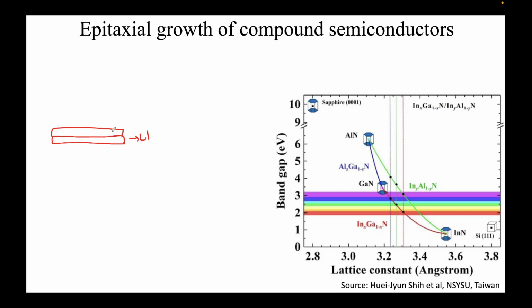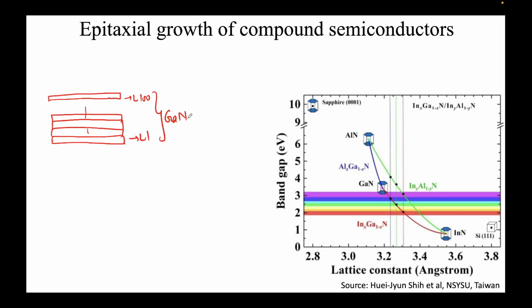These layers I'm showing explicitly, but these are very thin, barely a few nanometers. Layer 3, layer 4, and so on. Let's say you have grown 100 layers. All of this, let's say it's layer 100. This is all gallium nitride.